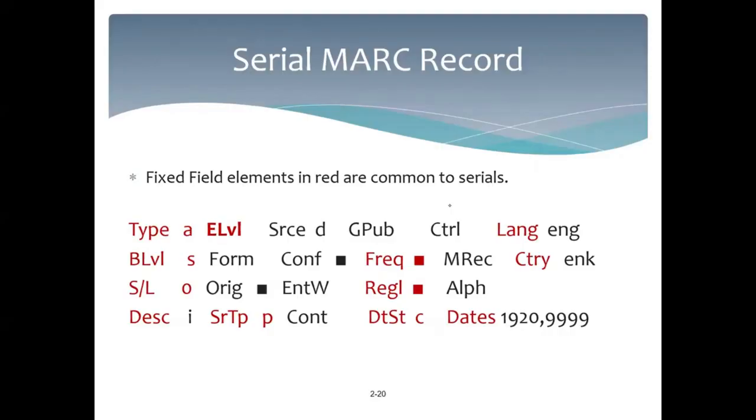Typically, you're going to see A there for that bib level. Again, bib level is on other resources, including monographs, but we have an S there for serial. Then we have some other fields that are going to be unique to serials, and we're going to talk about these in a minute, but anything coded in red is going to be things to look at in terms of serials.